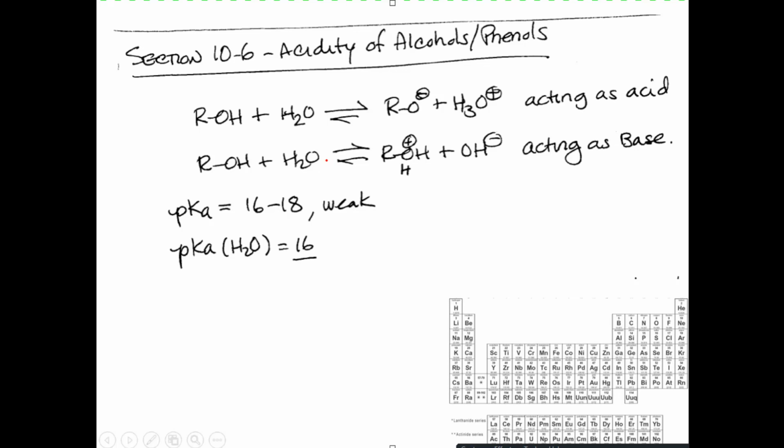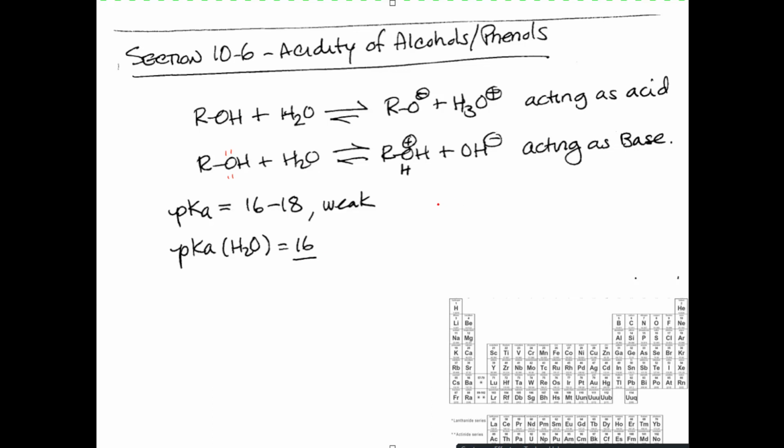So there are two ways that we can look at the alcohols. We can either look at their role in terms of gaining a proton, where they would act as a Bronsted base, or they'll act as a Bronsted acid in terms of losing a proton. And what we know is that the pKa of an alcohol is 16 to 18. By reference, the pKa of water is 16.